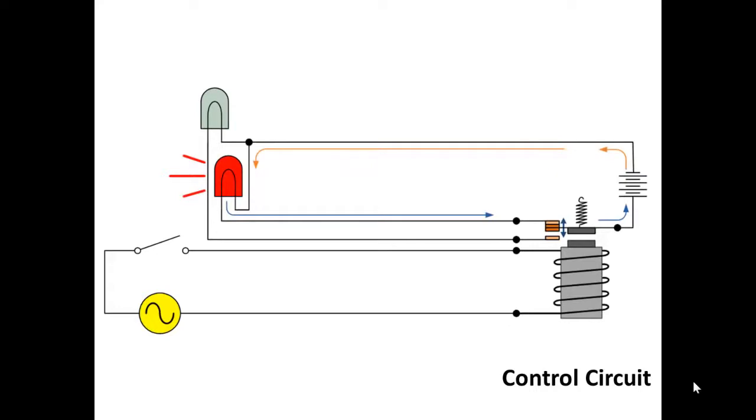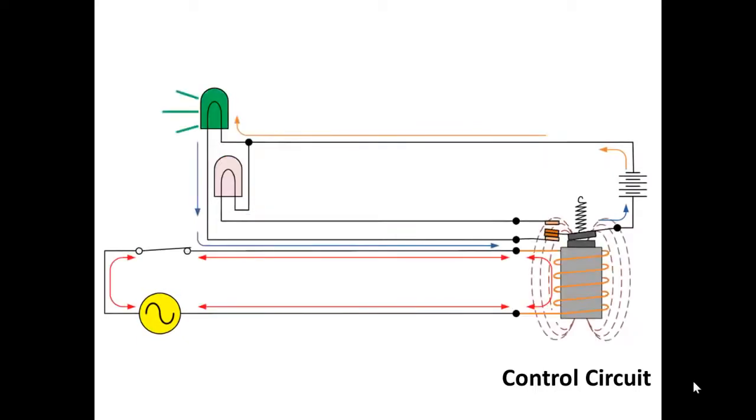Okay, looking at our circuit, when the switch is closed, the current flows through the coil, magnetic field pulls the armature down, opening the normally closed contact and closing the normally open.